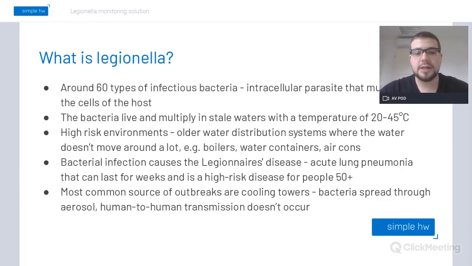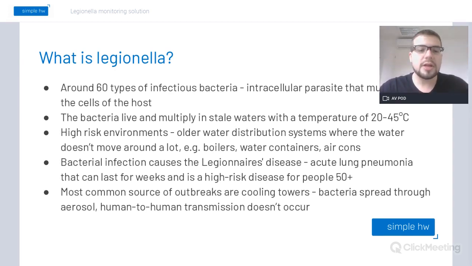That's why it's called Legionnaires' disease. It was actually very recently discovered, if you think about it: 1976 is less than 50 years ago. It's quite interesting.